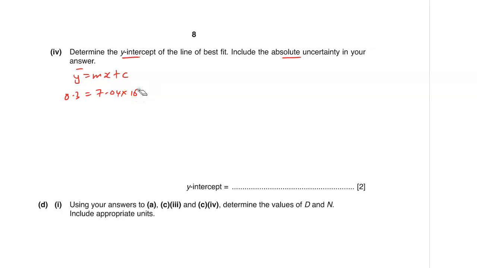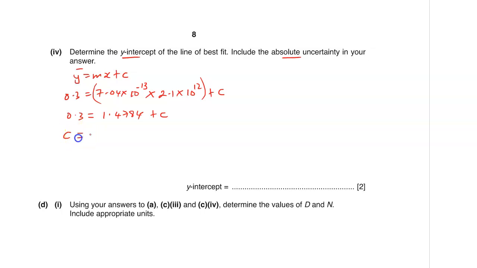times the x coordinate which corresponds to this y coordinate, which is 2.1 times 10 raised to power 12, plus c. So you work out this: 0.3 would be equal to, when you multiply this, 1.4784 plus c.